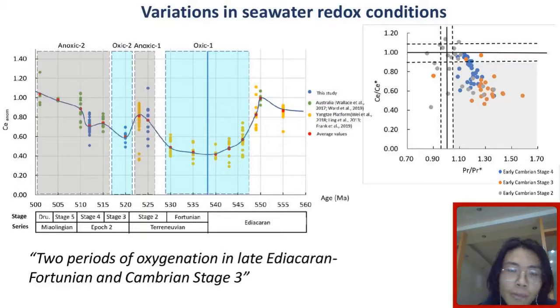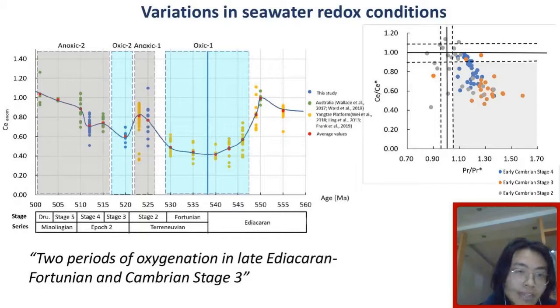We also combine the data from Australia and South China to see the variations of cerium anomaly data in the Cambrian. We could see there are two dramatic declines in cerium anomaly, respectively in late Ediacaran to Fortunian and Cambrian stage 3. The decrease of cerium anomaly data indicates the increase of oxygen in seawater.